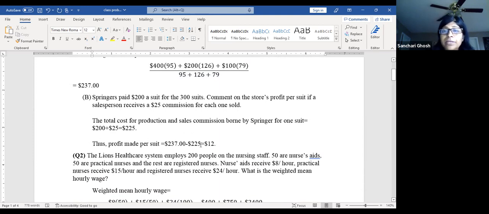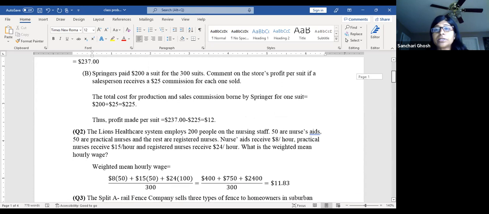The weighted average has actually given you the real estimated mean price. If you had not taken the weighted average and just got 400 plus 200 plus 100, you would have given a misrepresentation of the average price and you would have made a wrong calculation here. So $12 per suit was the profit.